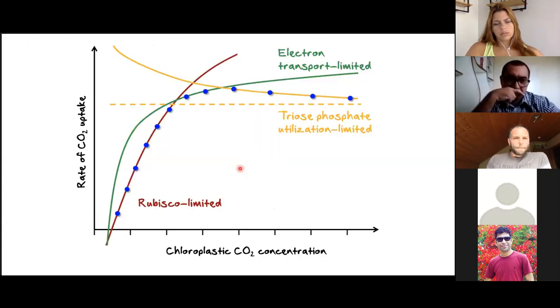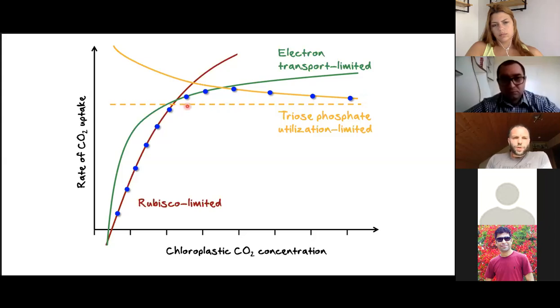Yeah, so one more thing is, maybe you've noticed that before. As you go to higher and higher CO2 concentrations, often what you see is a decrease in CO2 assimilation rates. It's not strikingly much, but it's very common and noticeable.